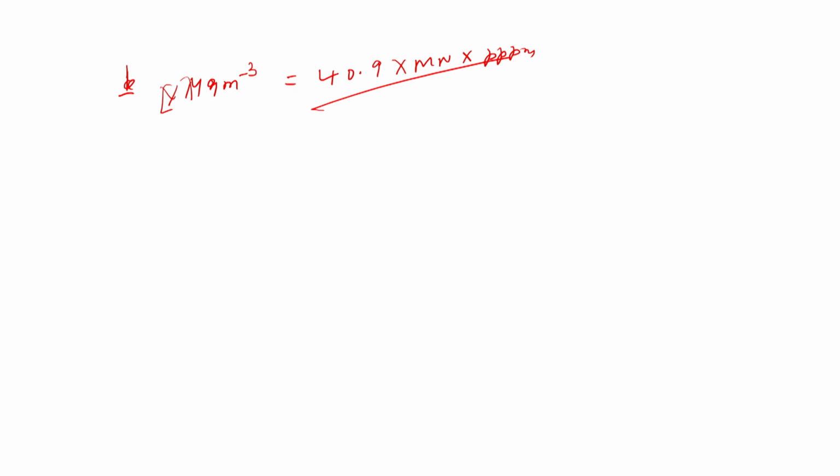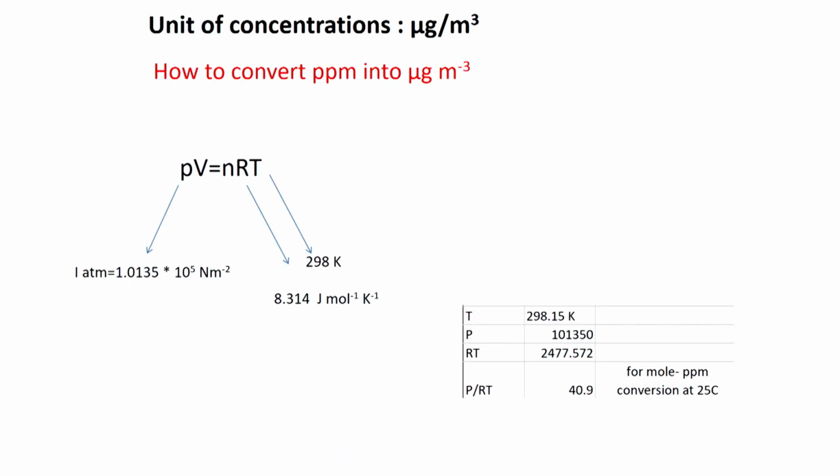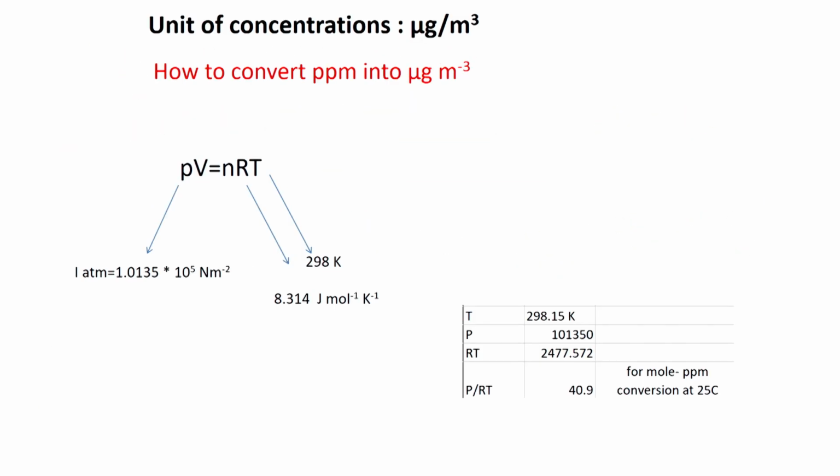If you want to see this one, we can go back and see the calculations there, because the calculation was here actually, P upon RT. So what you see here, P upon RT, we calculated it to be 40.9, and this 40.9 will go there. This equation can be written as PV equals nRT.